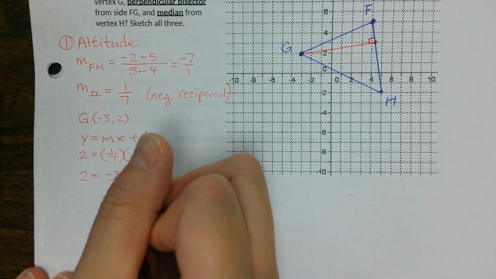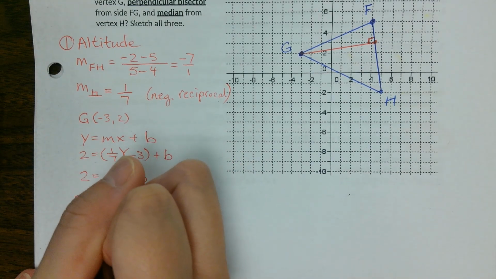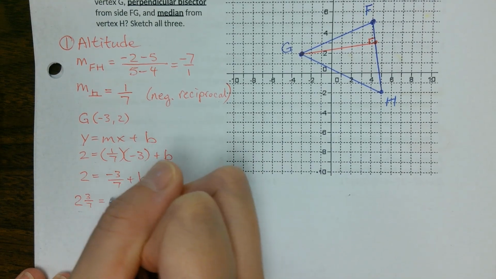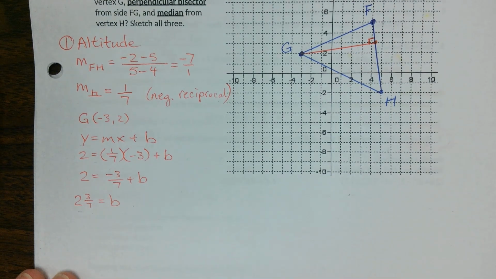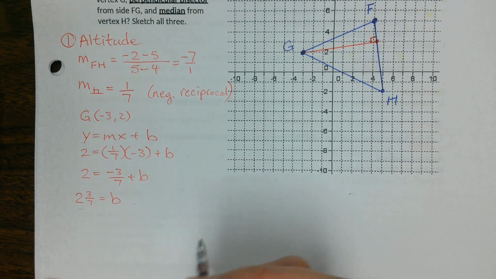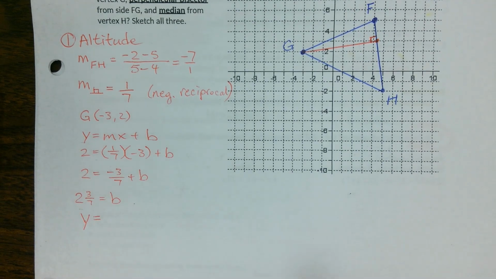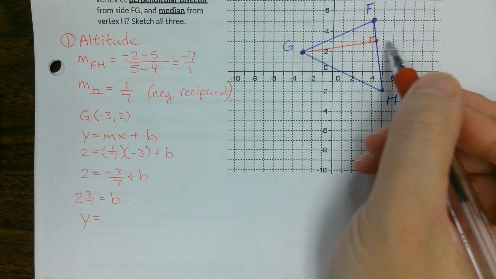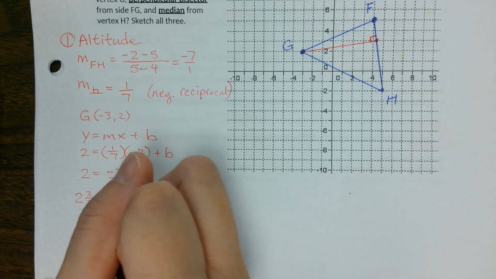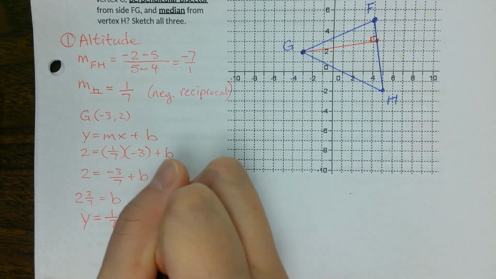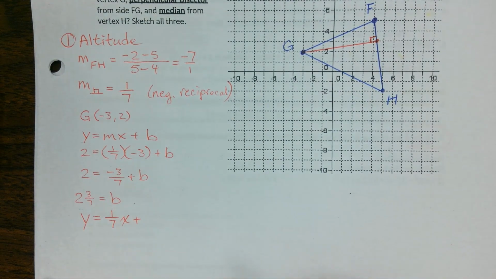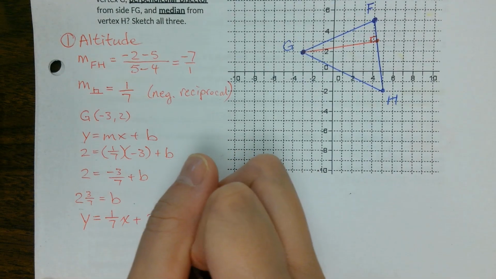So 2 plus 3 over 7. We could just say 2 3/7 if we want. So therefore, the equation of the altitude is y equals the slope of this red line, 1 over 7, x, and the y-intercept of this line is 2 3/7.